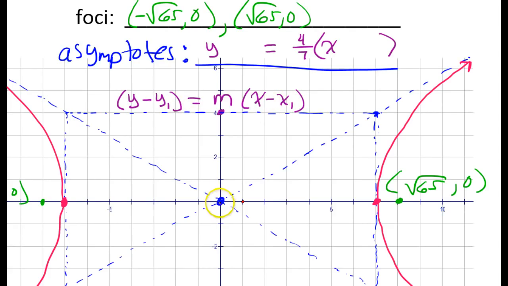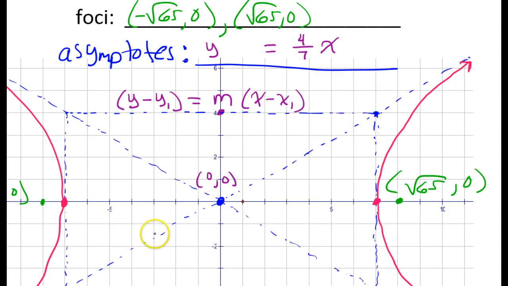Well, there's one point that's on both asymptotes, so I should definitely use it, and that's the center. Since the center is 0, comma 0, I'm going to put 0 for x1 and y1. So that means I'm really done. In fact, since this is just 0, I don't even really need these parentheses, do I? Okay, so I have y equals 4/7 x.